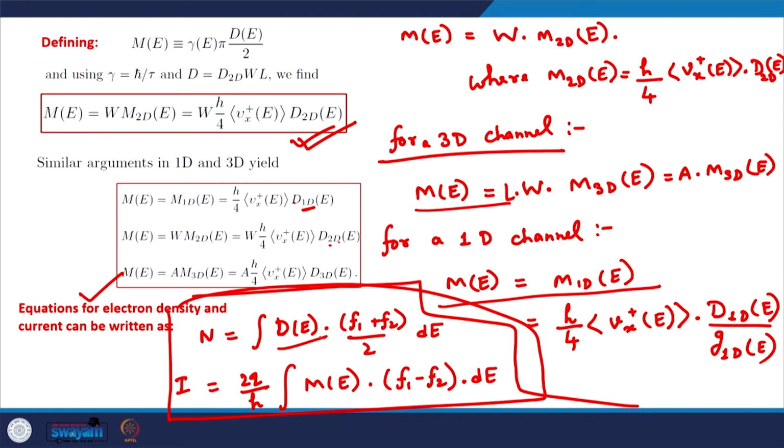D(E) comes from the density of states and M(E) comes from the modes in the channel. So, this is essentially the idea of the modes in a channel.